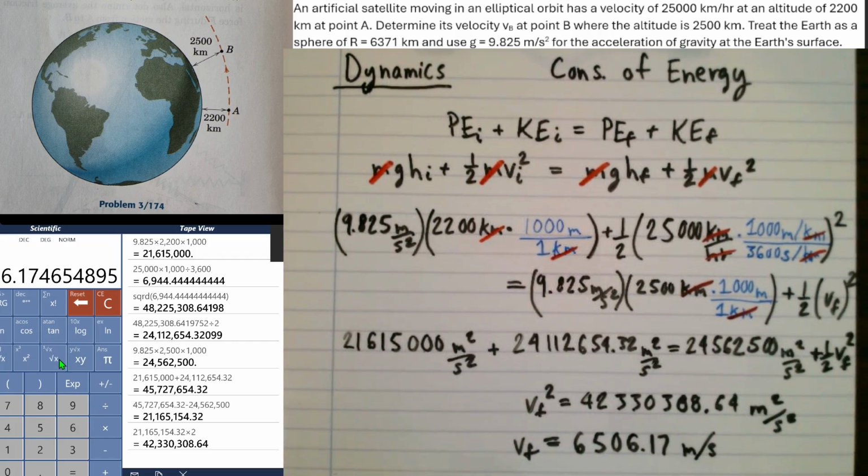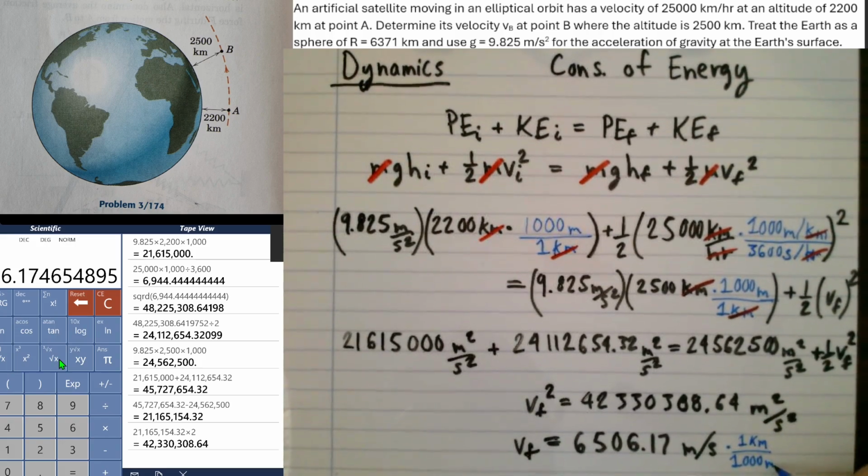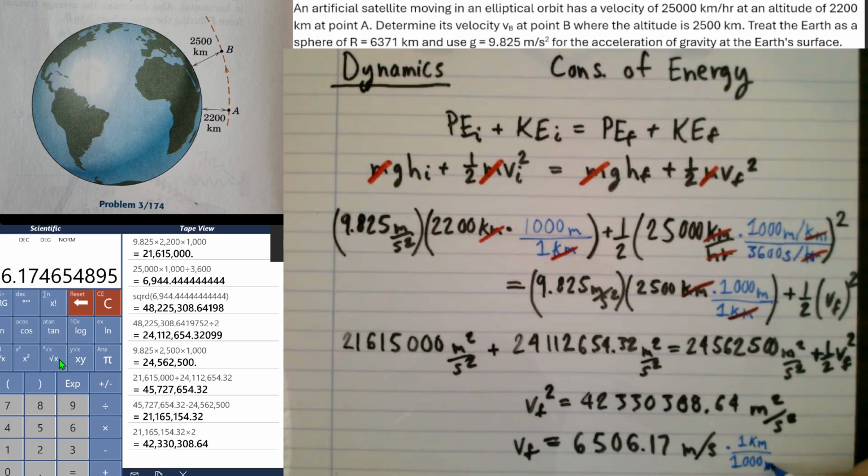We can then convert that into kilometers per hour if we want to compare it to our initial speeds we were given. So times 1 kilometer over 1,000 meters, and also convert that into per hour, so times 3,600 seconds divided by 1 hour.